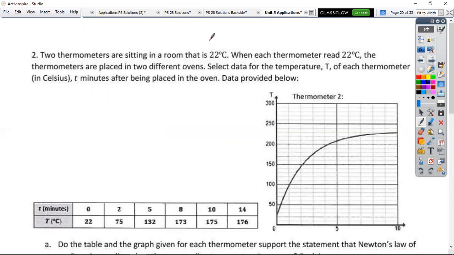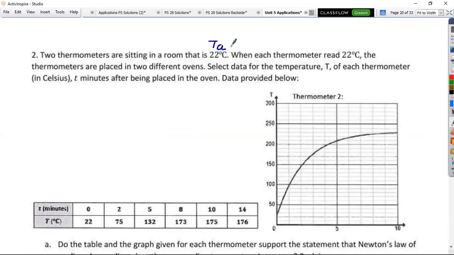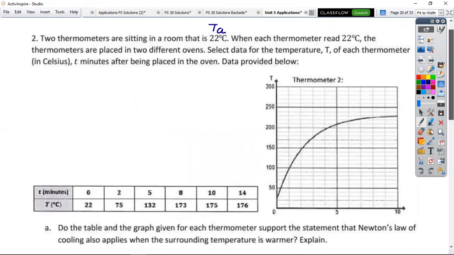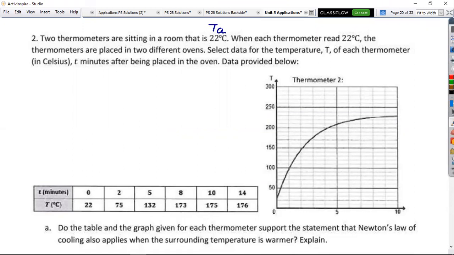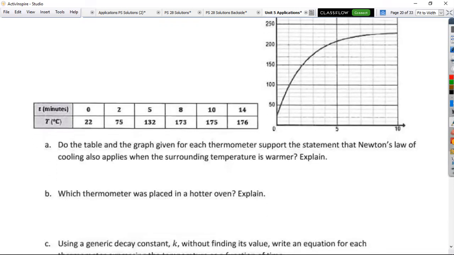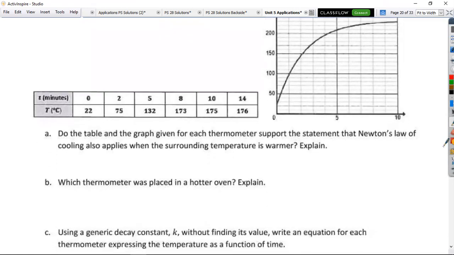So that is your T of A, just like the other one that we went outside. 2 different ovens. Okay. So again, this is going to be heating up because obviously an oven gets hot. So this says, does the table and the graph for each thermostat support the statement that Newton's law of cooling also applies when the surrounding temperature is warmer?